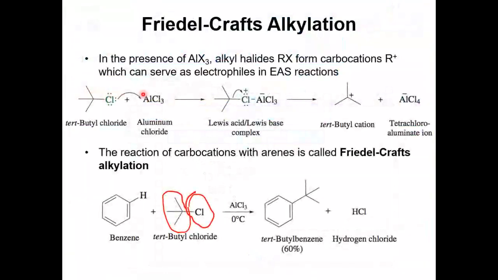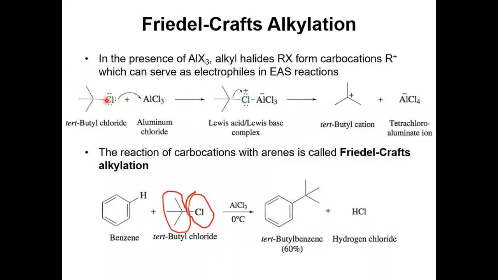So what happens is, because aluminum chloride is a strong Lewis acid, it wants to grab a pair of electrons, and in the alkyl halide, this tertiary butyl chloride, on chlorine there are 3 lone pairs. So they make a good deal. This one is a good Lewis acid, an electron pair acceptor, and this one is capable of donating electron pairs. This electron pair donor and acceptor form a complex.